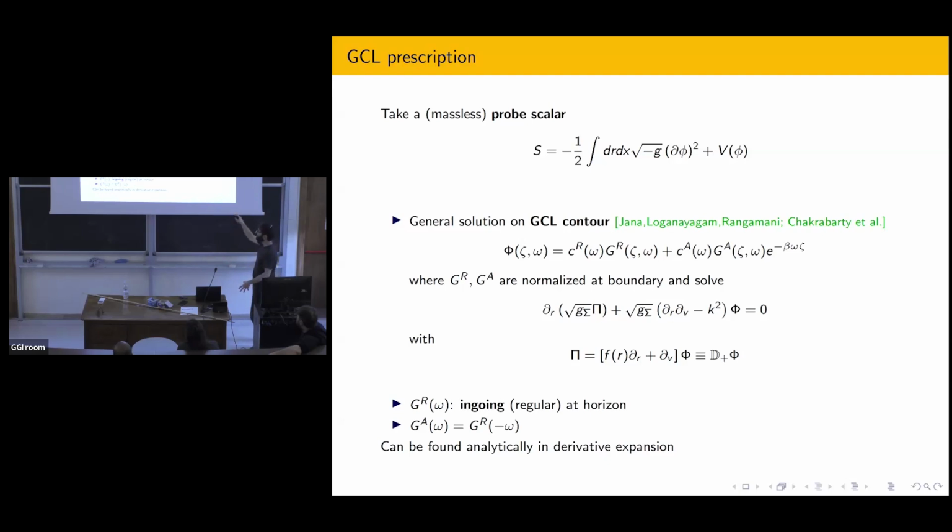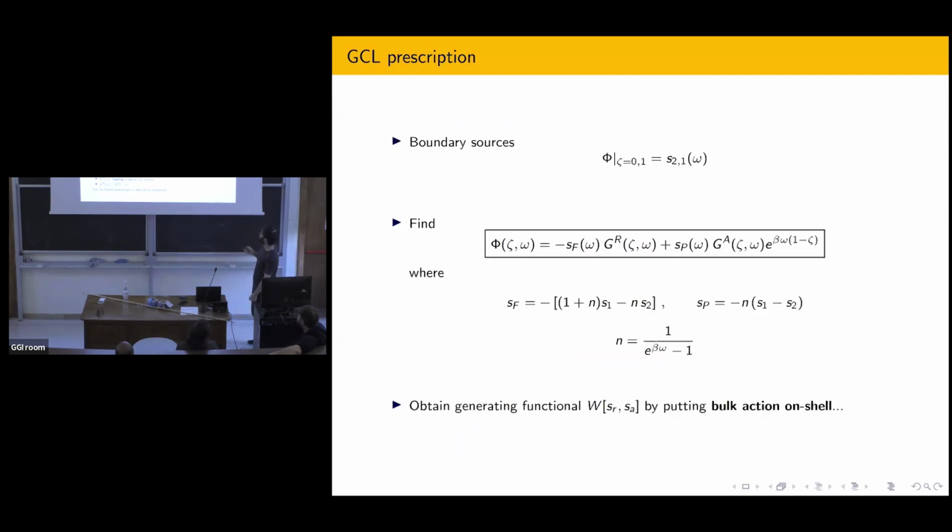Okay, C_R and C_A are undetermined coefficients. Also, the retarded Green's function and advanced Green's function can be found analytically in a derivative expansion. In general, you cannot solve analytically the Klein-Gordon equation. So these coefficients C_R and C_A are fixed by the boundary conditions, where we impose that the bulk field takes two specific values at the two boundaries, S1 and S2.